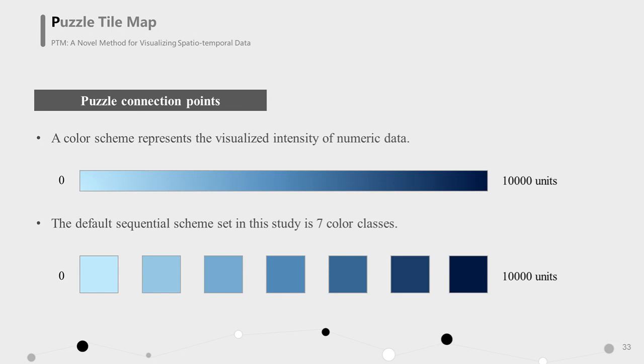According to the research of Gustav Fechner, there are about 5 to 9 elements that humans can recognize. We took an average of 7 colors to represent different data intervals.